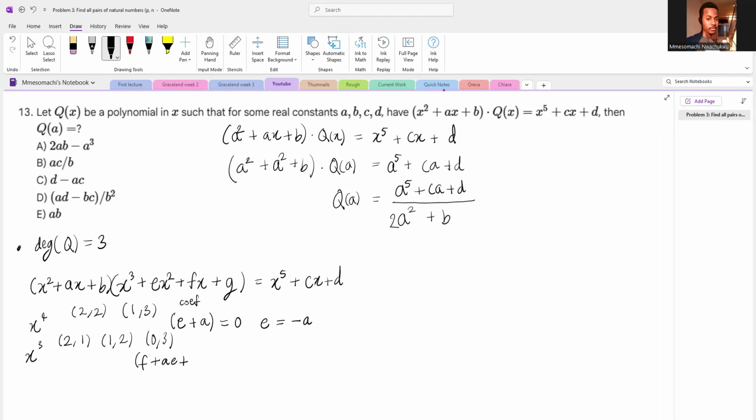And then 0, 3 is going to be b. This is equal to 0 because the coefficient of x cubed on the right-hand side is 0. Substituting e equals minus a, we get f minus a squared plus b equals 0. This implies that f is equal to a squared minus b.